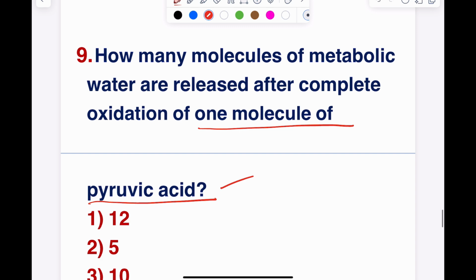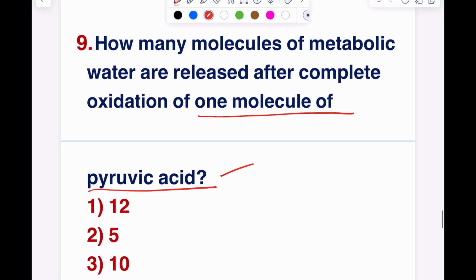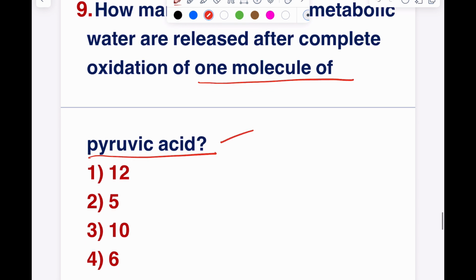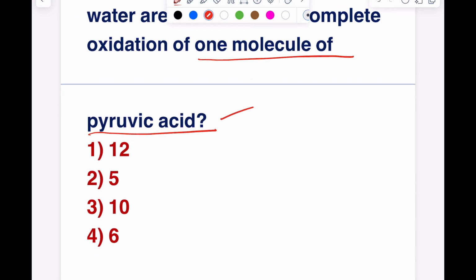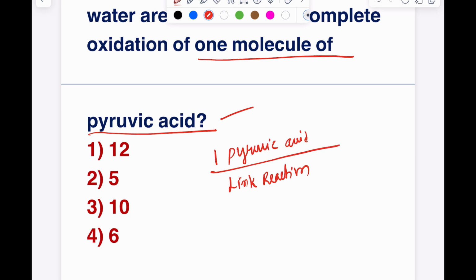How many molecules of metabolic water is released after oxidation of 1 molecule of pyruvic acid? Do you know? 1 pyruvic acid goes through two main steps in aerobic respiration. One is a link reaction. It is only 1 pyruvic acid.